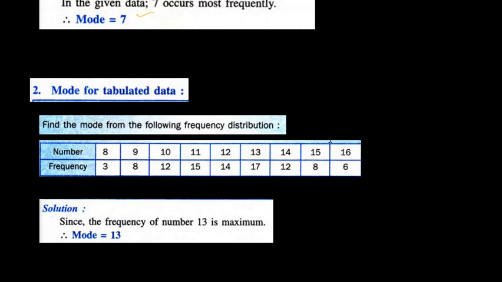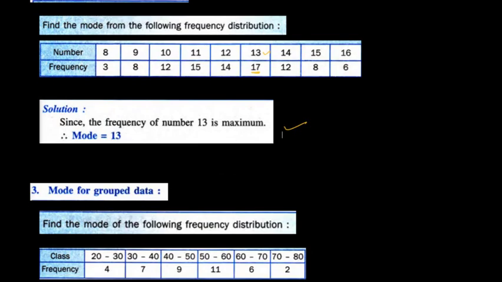See, in this frequency row, 17 is the maximum frequency and this is the frequency for 13. So 13 is your mode. Since the frequency of number 13 is maximum, we can say that mode is 13. Simple. So for raw data, super easy. For tabulated data, again it is very easy.